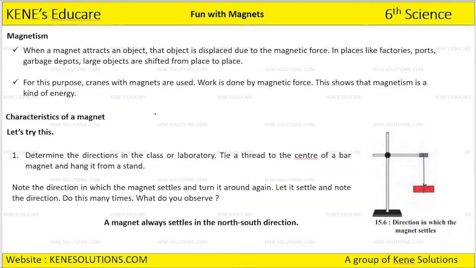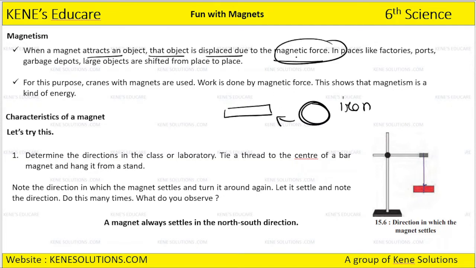Now, let's talk about magnetism. When a magnet attracts an object, that object is displaced due to the magnetic force. So whenever a magnet attracts any object, suppose this is an iron object, it will be displaced due to the magnetic force. The magnet applies magnetic force on it. In places like factories, ports and gadget depots, large objects are shifted from place to place.